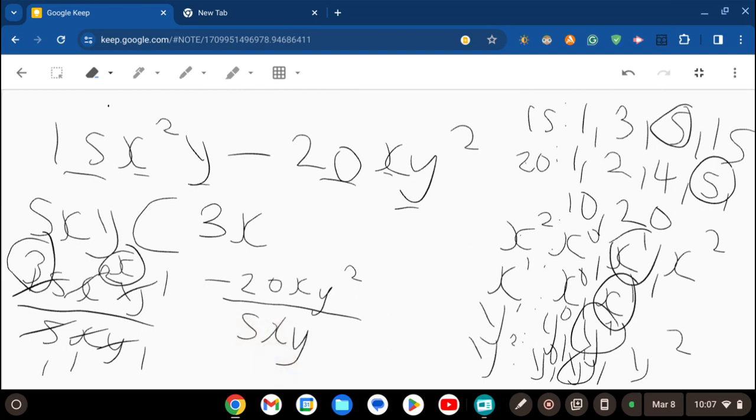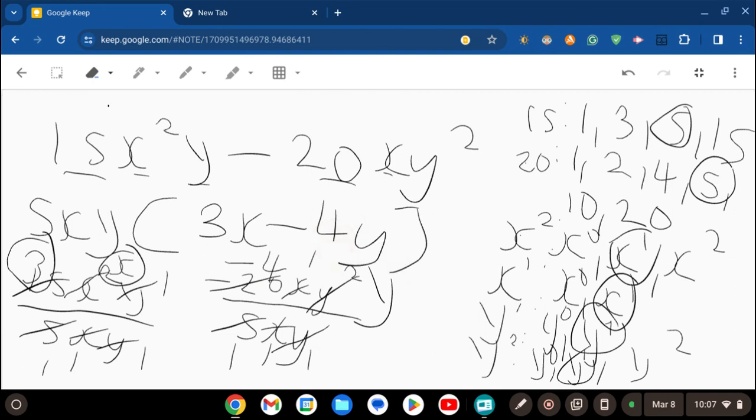So 5 goes into itself 1 time, and 5 goes into negative 20 negative 4 times. The x's will cancel each other, and y goes into y squared y times. So we're left with minus 4y. Hence, this would be our answer: 5xy open bracket 3x minus 4y.